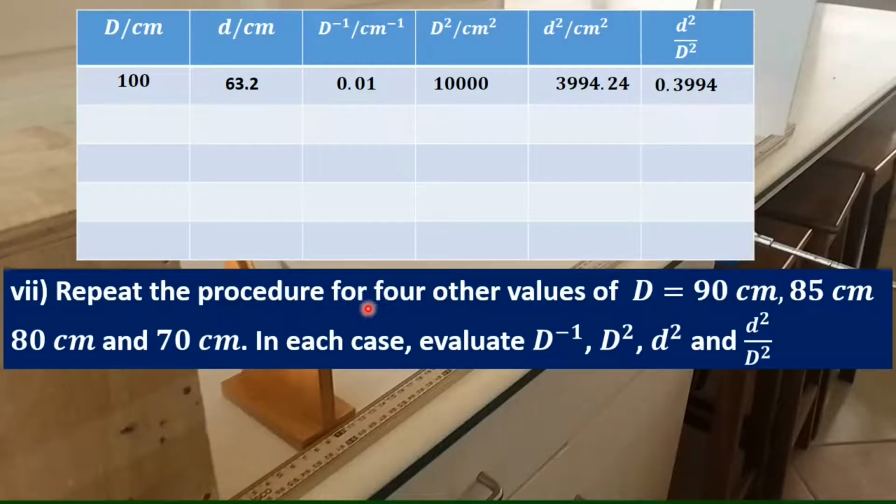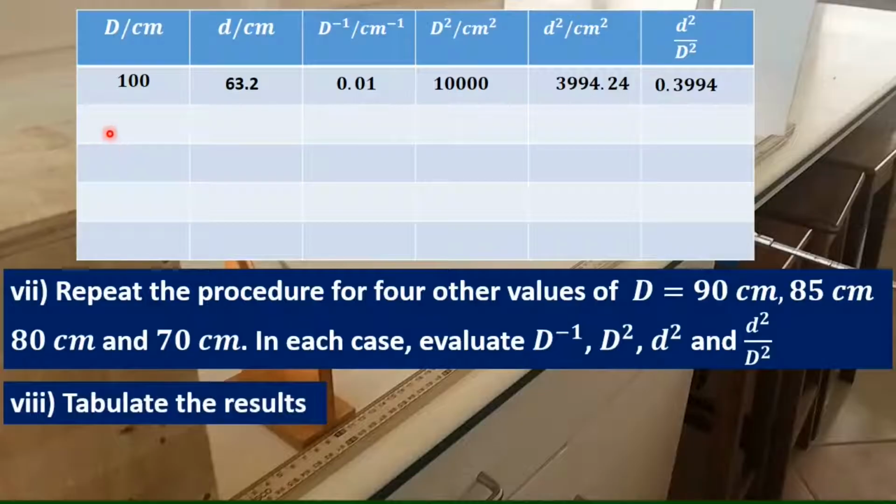Repeat the procedure for 4 other values of capital D equal to 90 centimeters, 85 centimeters, 80 centimeters, and 70 centimeters. In each case, evaluate capital D inverse, capital D square, small d square and small d square over capital D square. So we are going to place the illuminated object and screen at a distance of 90 centimeters apart.